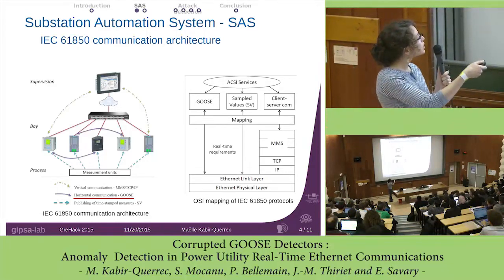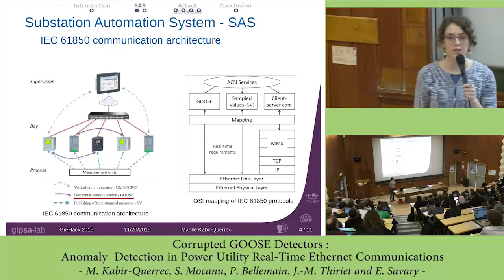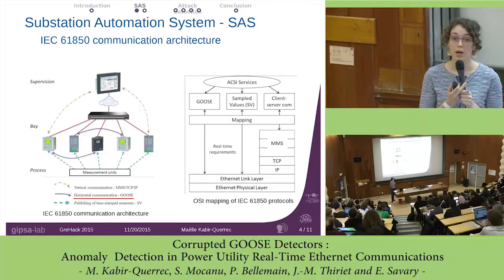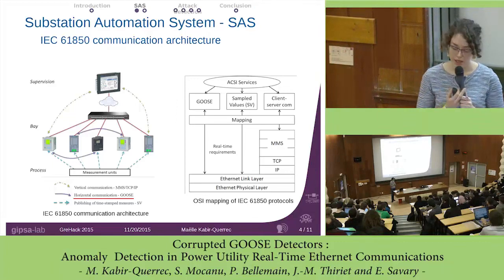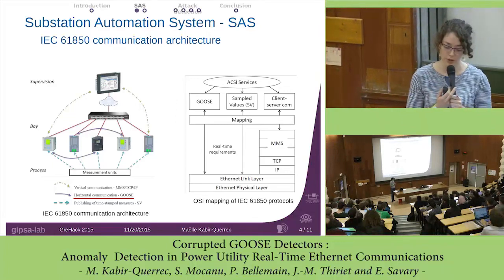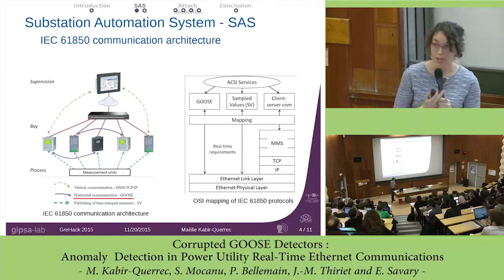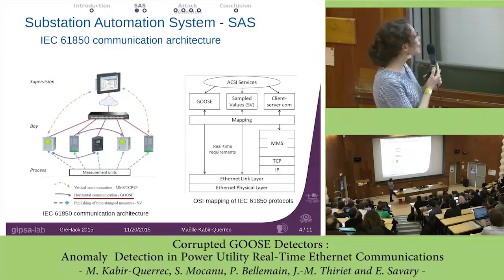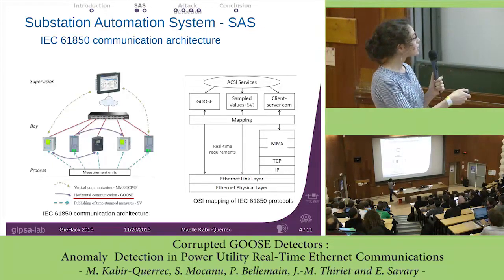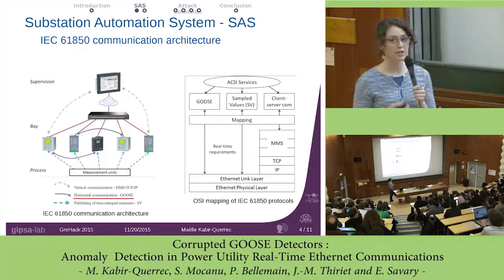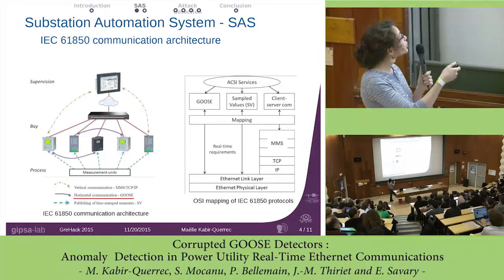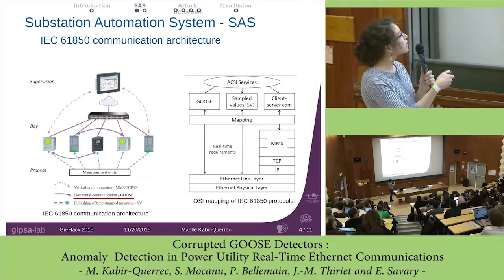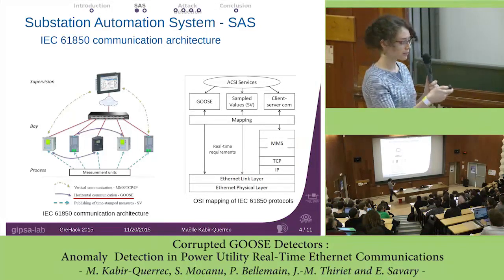The IEDs communicate with each other using the GOOSE protocol, so that's the one I will talk about more deeply today. And GOOSE means Generic Object-Oriented Substation Event. And the last protocol, the MMS, Manufacturing Message Specification, is for the communication between supervision and the actuators.